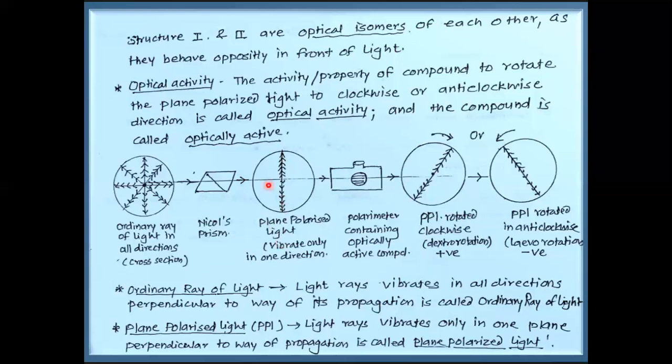Now this plane polarized light is passed through a certain device, a polarimeter. This polarimeter has an opening to fill the organic compound. Which compound? The compound which contains a chiral carbon.